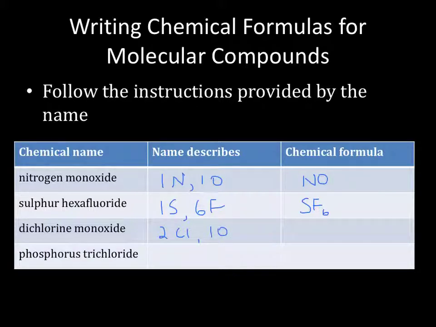This gives us a chemical formula of Cl2O. And finally, my last example here, we have phosphorus trichloride. This implies 1 phosphorus and 3 chlorine, which gives us a chemical formula of PCl3. So this is how to name and write chemical formulas for molecular or covalent compounds.